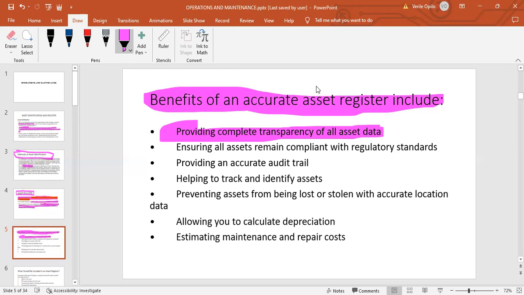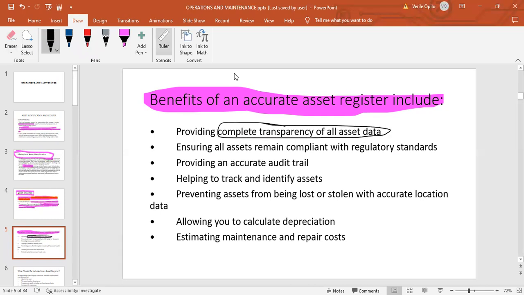So at any given point in time, we'll know how many assets are in the business, who has the assets, whose hands it is in at the moment, what the value of those assets is, how much we have depreciated, what the condition of that asset is, and what the remaining useful life of that asset is. So it is able to provide better information about the assets of the business, which ends up improving the transparency regarding asset data.